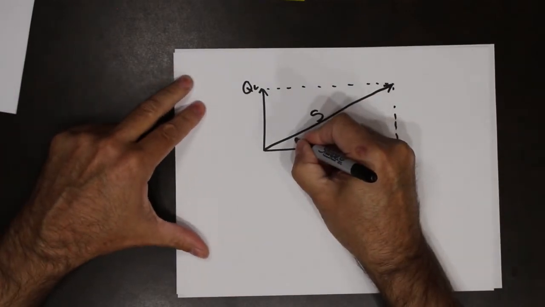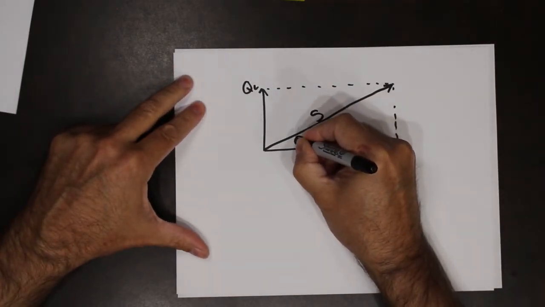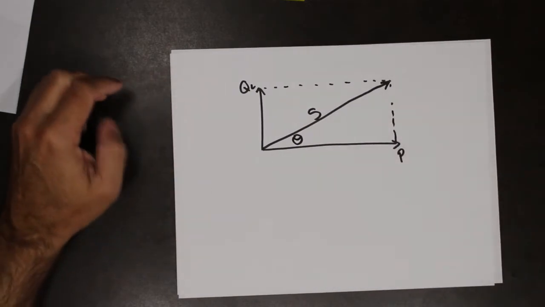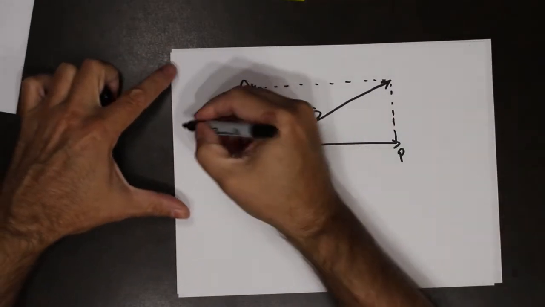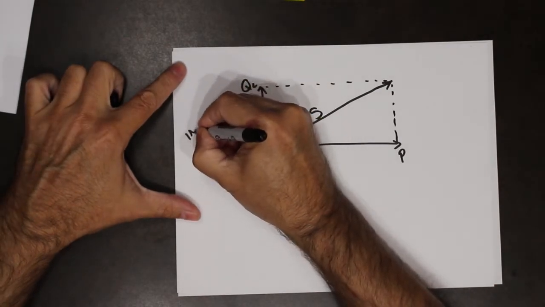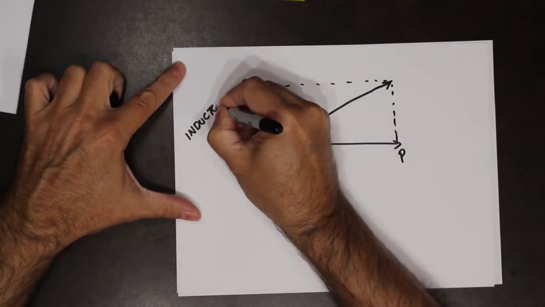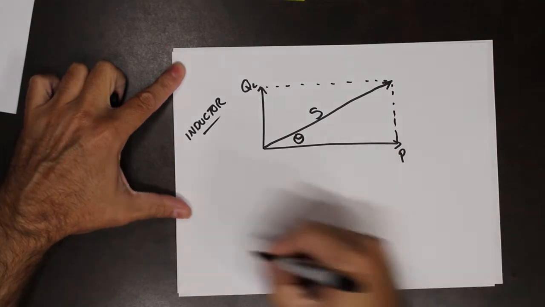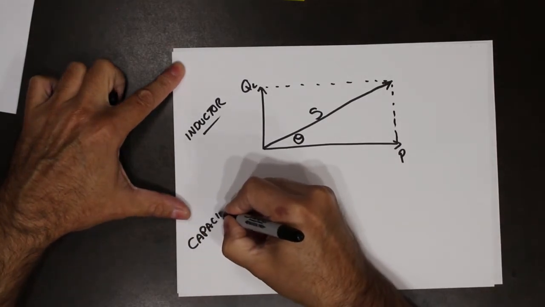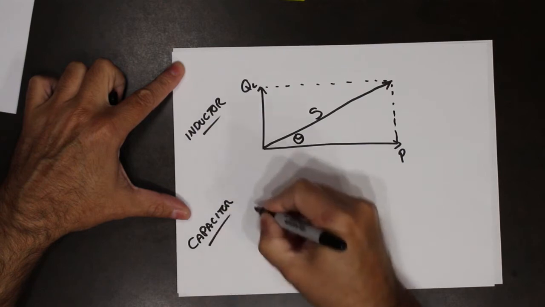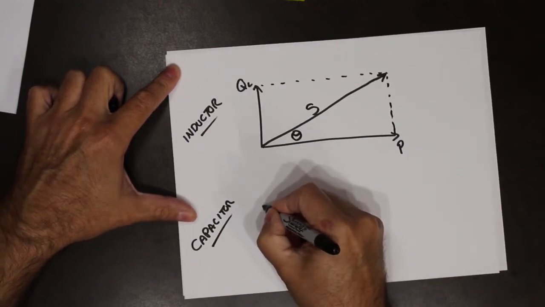And this is where we get the phase angle. So this would be if we have an inductor in our system. If we have a capacitor in our system, it looks like this.